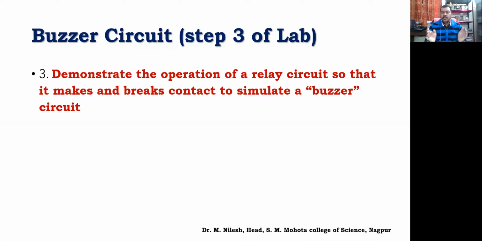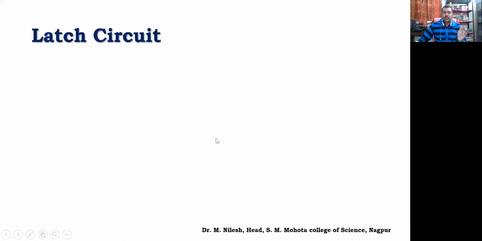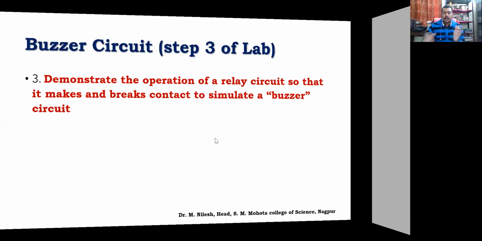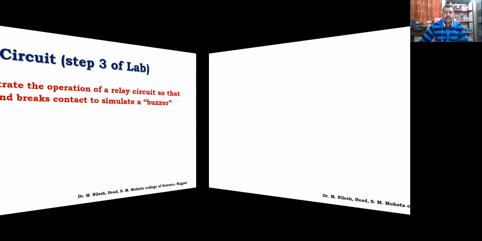By using the LM35 IC, we used to control the bulb. So the temperature sensor circuit can be used for those things also. This is one of the uses, that is, operating the buzzer.